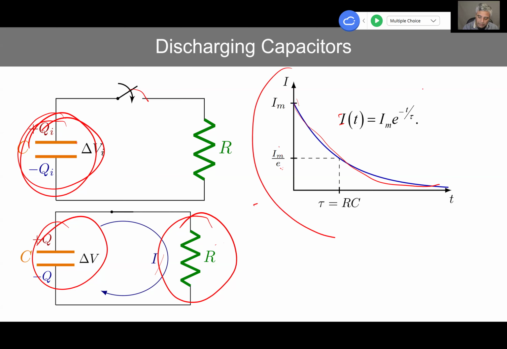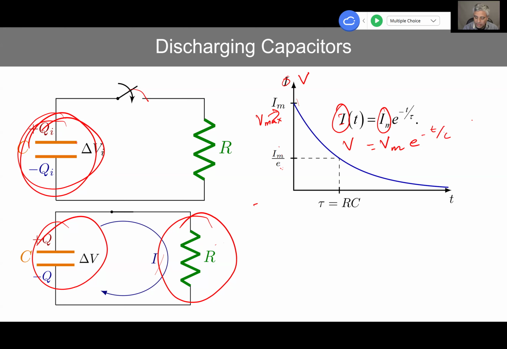So if I were to make a plot, the plot is going to look just like this. But here you may want to plot voltage, and you say, okay, the maximum voltage we had in the capacitor, and so on. So basically the same thing. And the equation is also going to be exactly the same. Simply replace this I by V, Vm, right? So it's going to be exactly the same equation for both voltage and current when the capacitor is discharging. So why is it discharging?